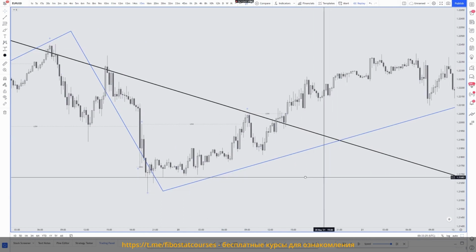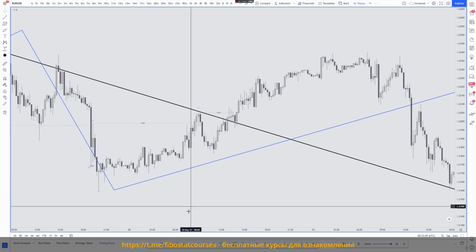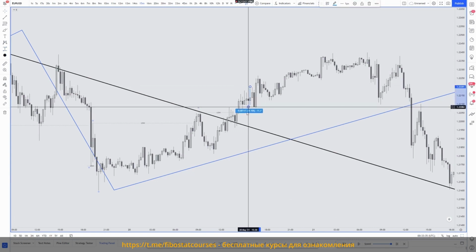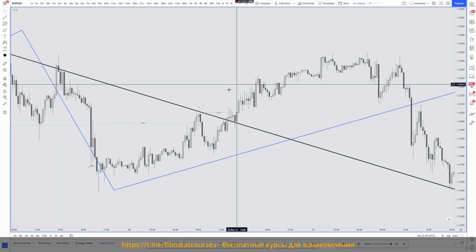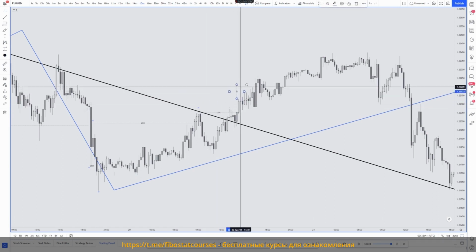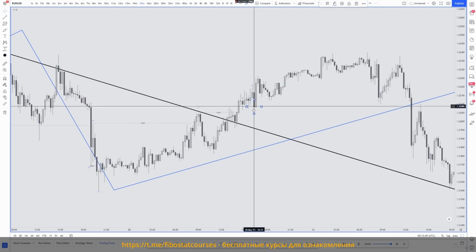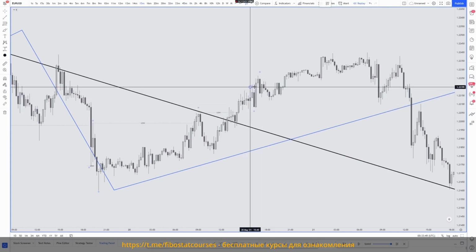So again, we don't have any real pullback till probably, I would probably say maybe here. It's borderline. We can class it as structure. Again, not my favorite structure point, but it's something.